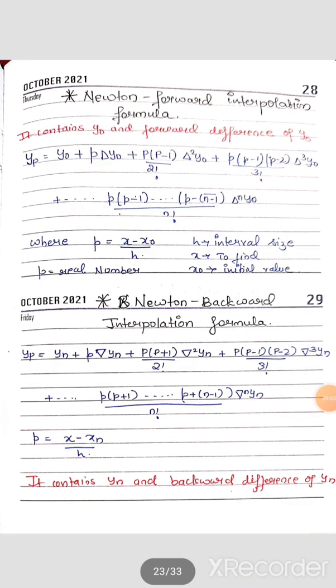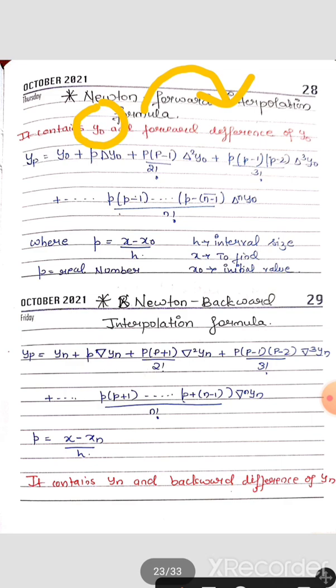Next, coming back to Newton's forward interpolation formula and Newton's backward interpolation formula. Here, just remember the formula. For Newton forward interpolation, we take the values for y0, and the forward difference is carried out of y0.